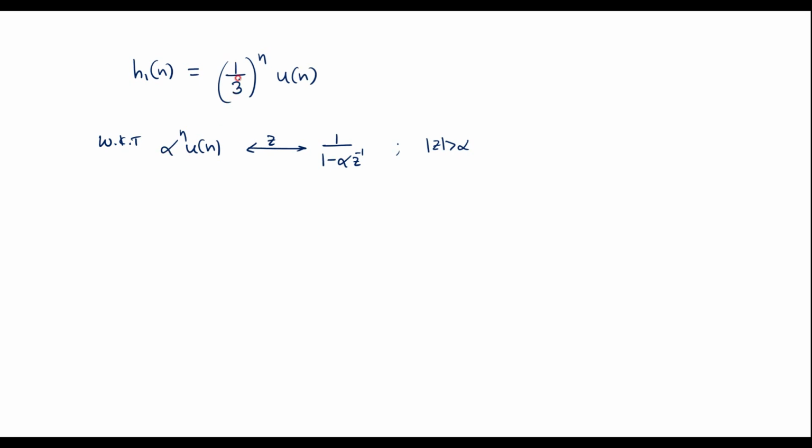Here alpha is nothing but 1 over 3. Therefore the z transform of this, H1 of z, is equal to 1 upon 1 minus 1 by 3 z inverse, where z is greater than 1 by 3.